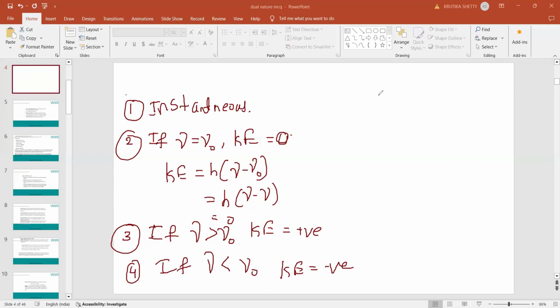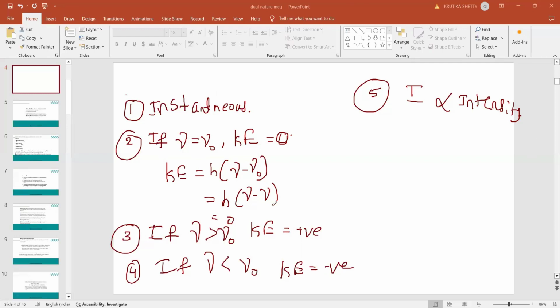The fifth point is the photoelectric current is directly proportional to the intensity of the incident radiation. So it is directly proportional to intensity of the incident radiation. Yes. So already what points you have studied in the previous case. So similar one, little modification is there, but first and fifth conditions are same. That is, it is an instantaneous process and the current is directly proportional to intensity of the incident radiation. But with respect to frequency, we have the three postulates or the three results.